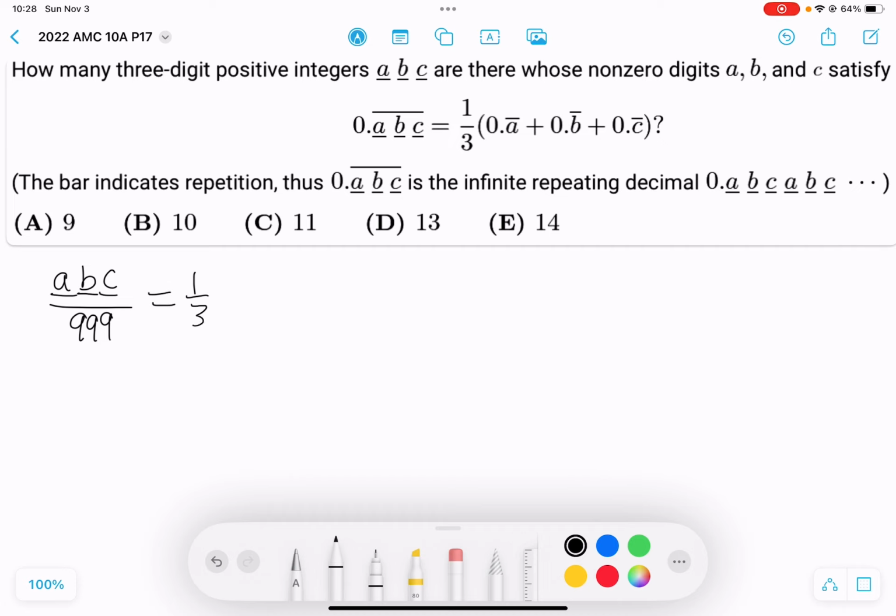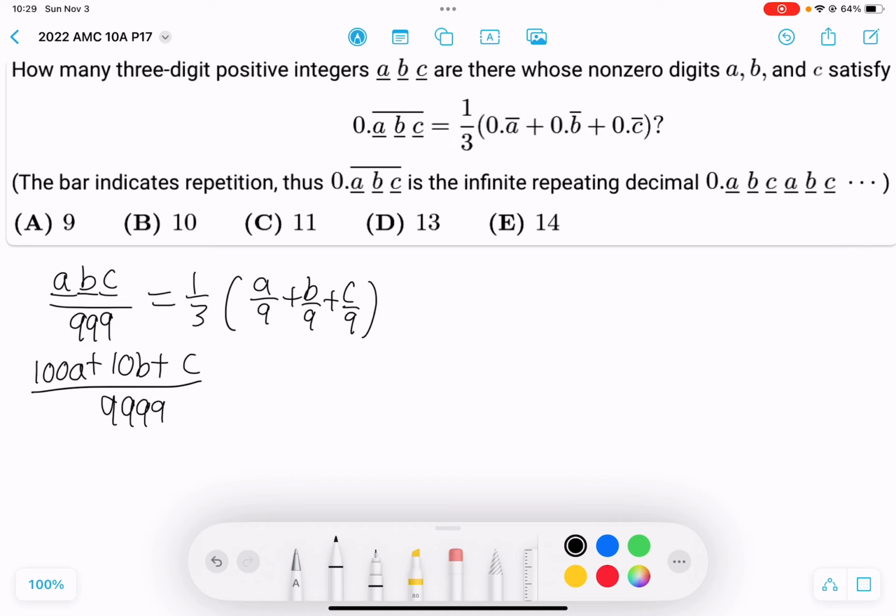On the right-hand side, we have 1/3 times a over 9 plus b over 9 plus c over 9. Then we write the place values of abc: 100a plus 10b plus c over 999 equals 1/3 times a over 9 plus b over 9 plus c over 9.